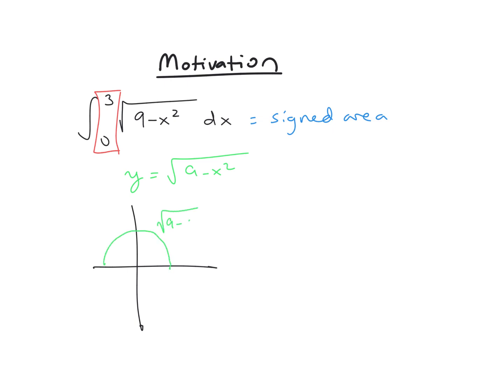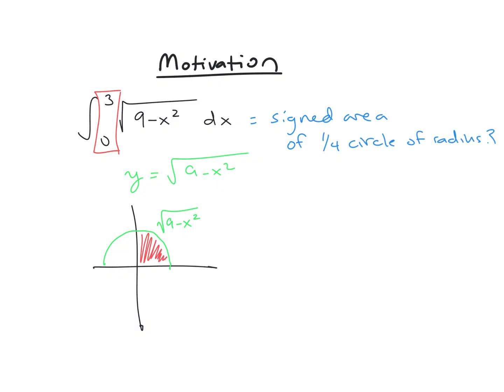So this is exactly what square root of 9 minus x squared is. And if we're only looking from 0 to 3 for x, that would just be this right half of our semicircle, or a quarter circle. And so this definite integral is the signed area of a quarter circle of radius 3.